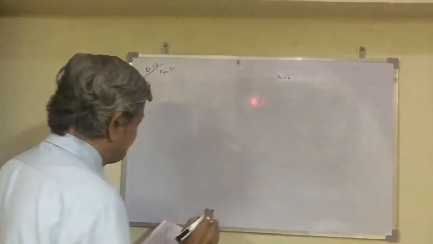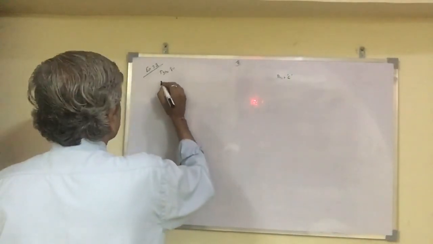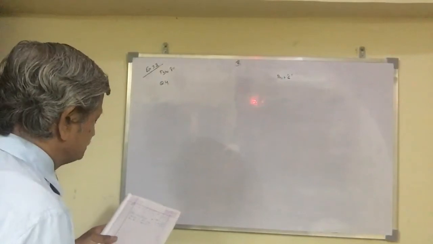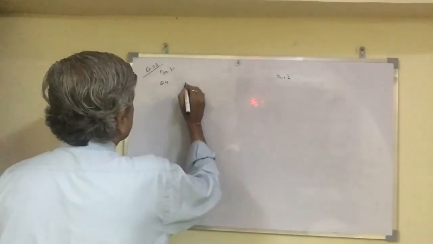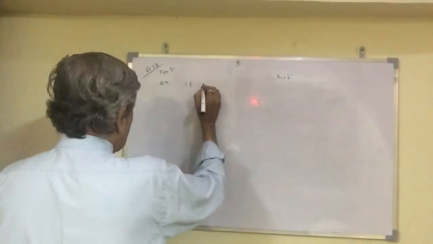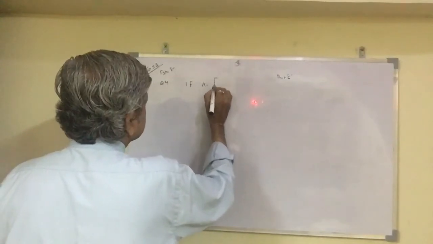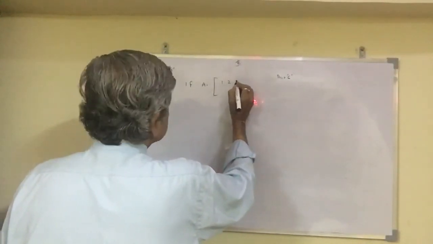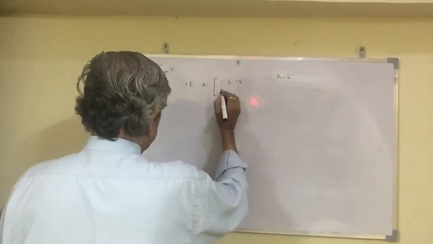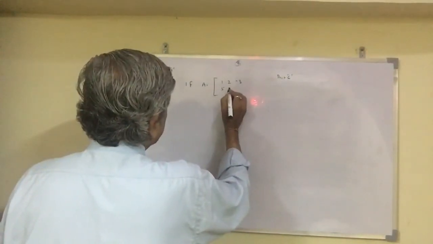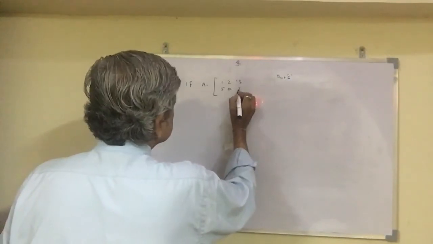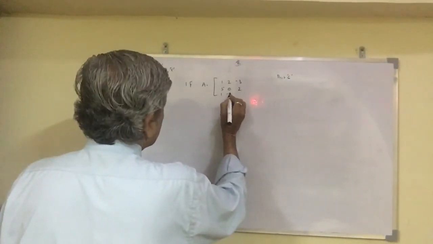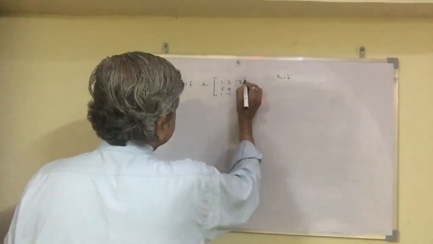Now the question is question number 4, exercise number 3.2. It is given that you have a matrix A of order, with rows 1, -3, 5, 0, 2, 1, -1, 1.